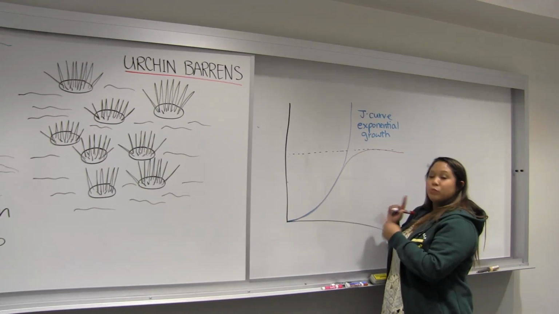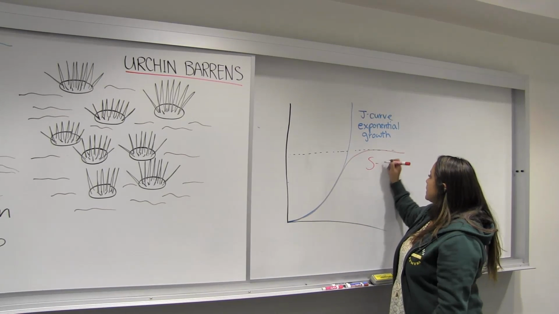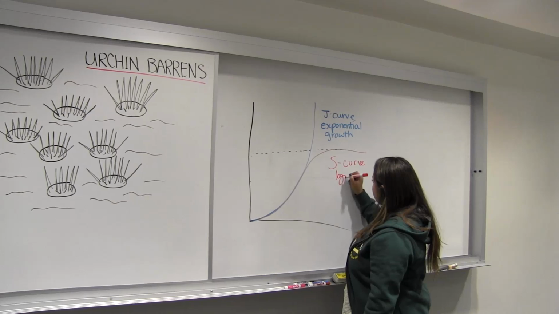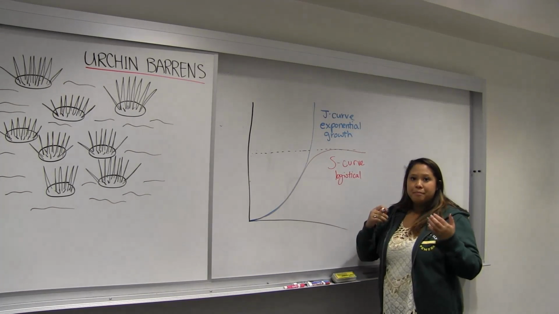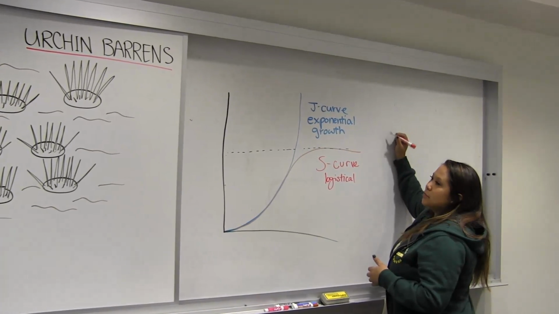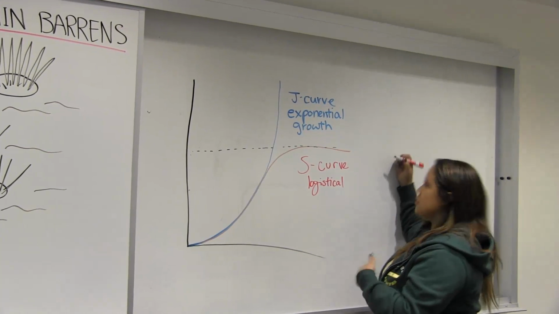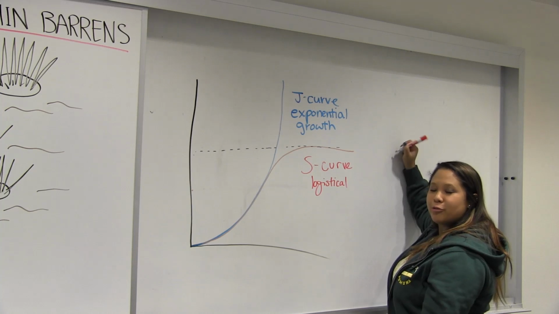Let's take a closer look at this logistic curve. We said the logistic curve is the S-curve, and it's logistic growth. When looking at logistic growth, we're not just looking at the birth rates or immigration of the population. We're also looking at the death rates and emigration. So let's look at our population growth rate equation.